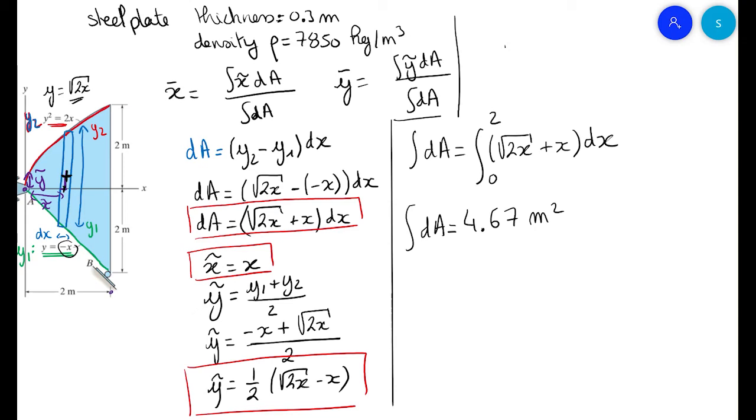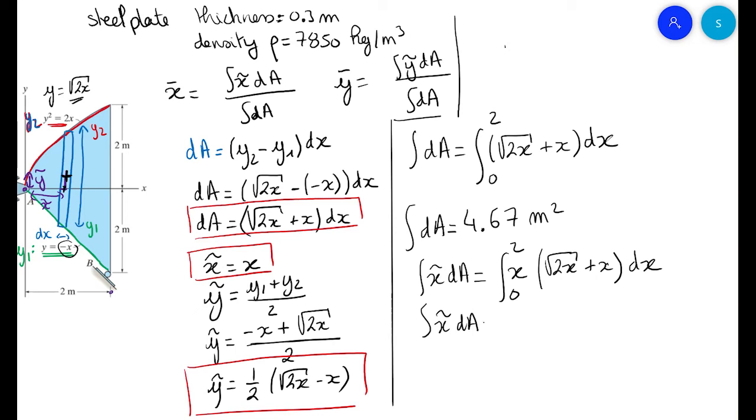Now on the top, the integral of x tilde dA is equal to the integral of x times the square root of 2x plus x, dx from 0 to 2. Let's enter that in the calculator.